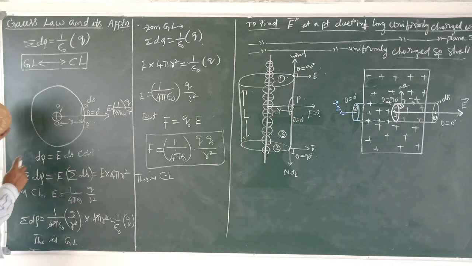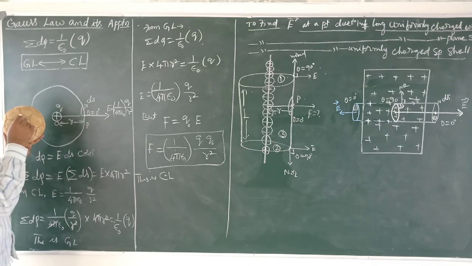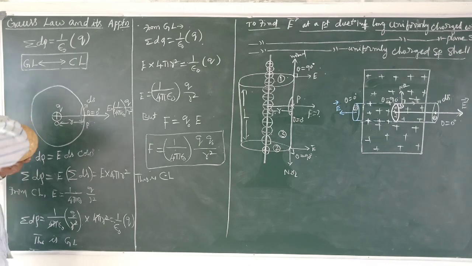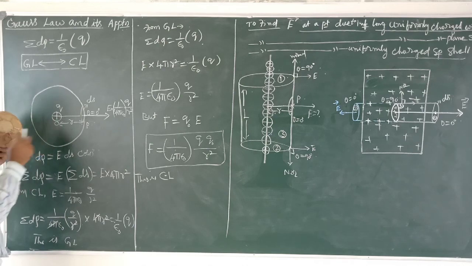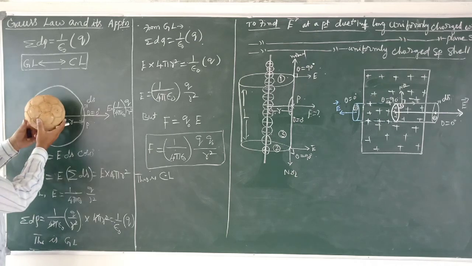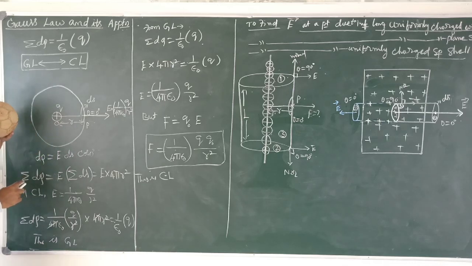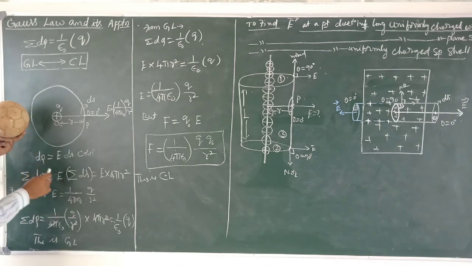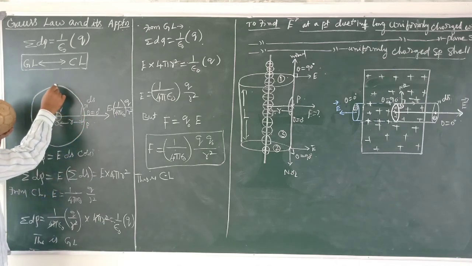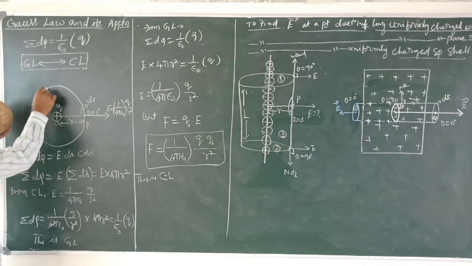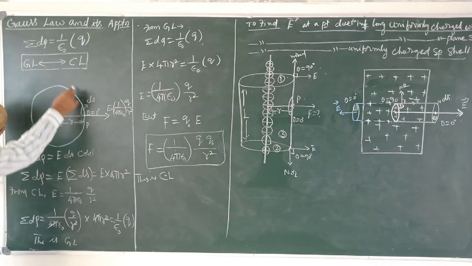The total electric flux through the entire Gaussian surface: whatever flux the charge gives should pass through some area of this spherical surface. That is why it is total, the total solid angle. E is the same at all these points because the surface is at the same distance, and E is normal to the surface at all points.